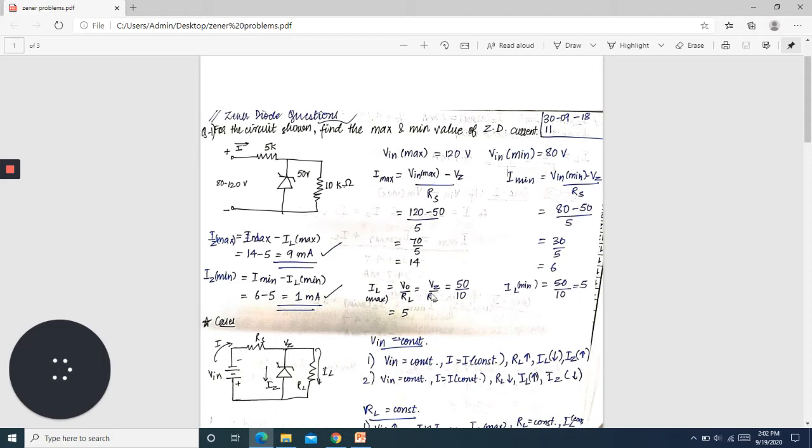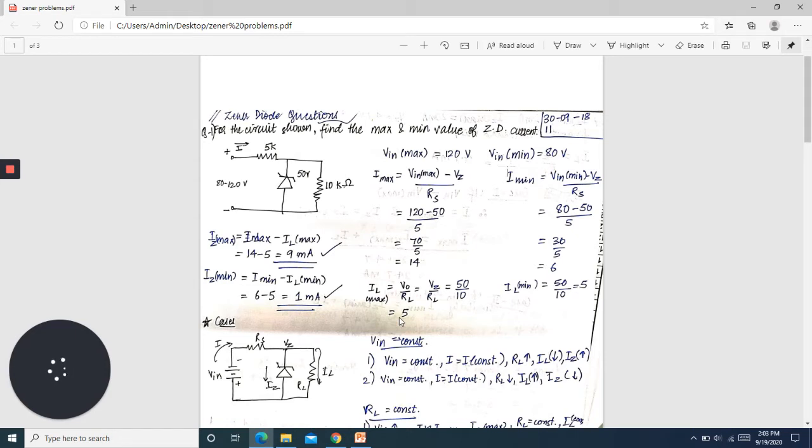Here it will not be IL minimum or maximum; even if you try to find it, it will remain the same. So IL will be equal to VO by RL, which is 50 by 10, equal to 5. So 5 milliampere will be my IL current.